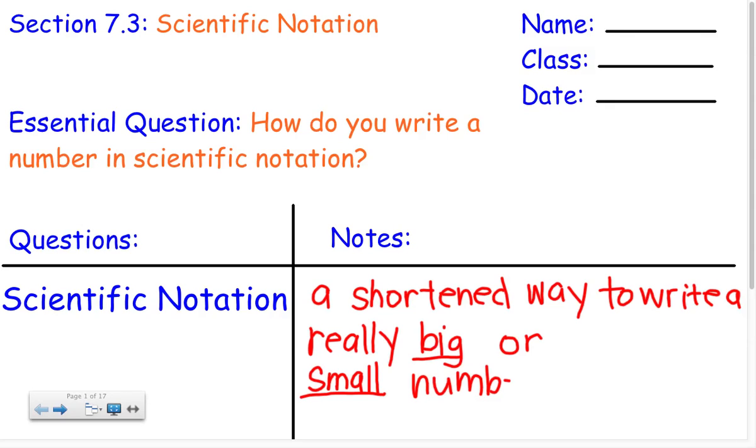So let's say you have the number 10 trillion. Rather than writing out all those zeros, you can put it in scientific notation and it's much quicker and easier. Or if you have a really small number like 0.0000007, you can put it in scientific notation, which is much shorter and quicker.